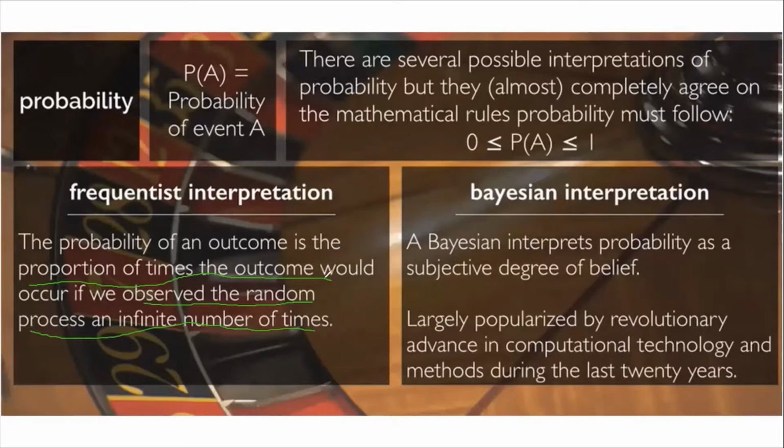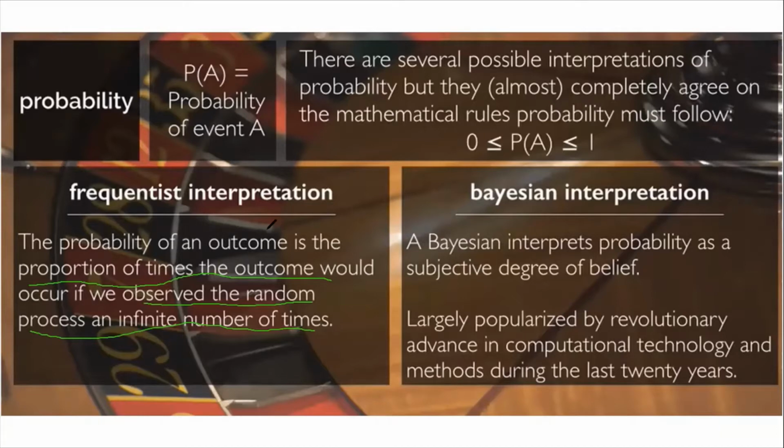To rephrase that, if we repeat a trial or an experiment many times, that is the frequentist approach. And then we know how many times the outcome would occur. That is the probability of an outcome.